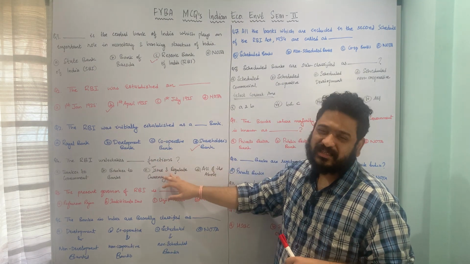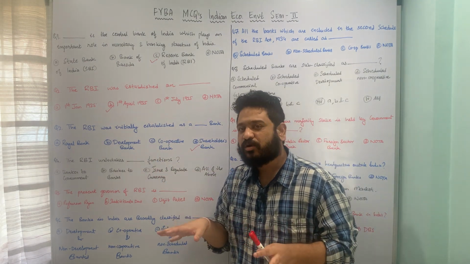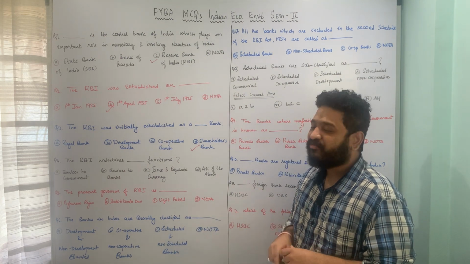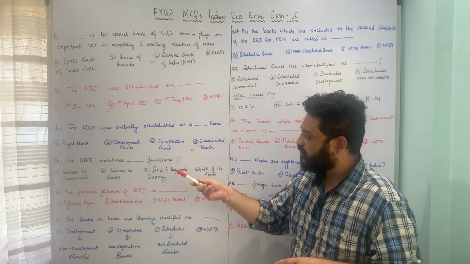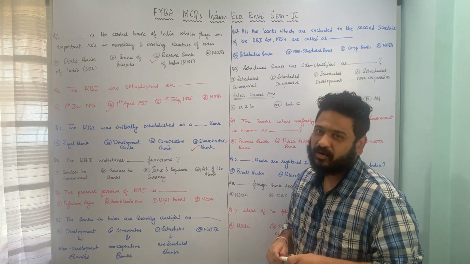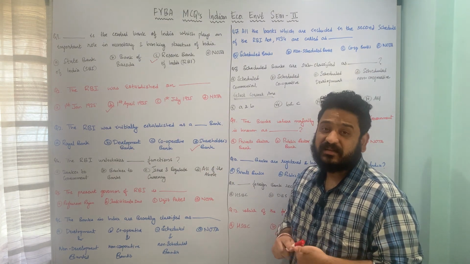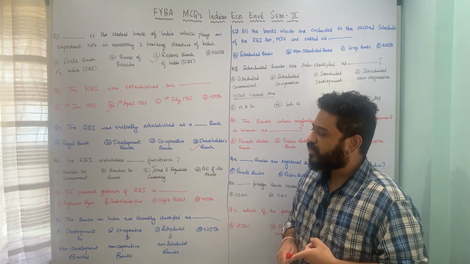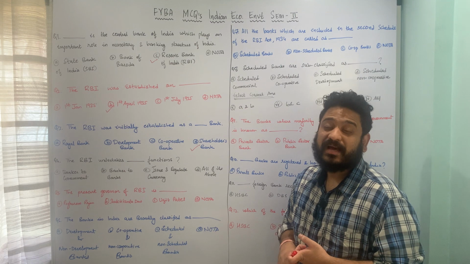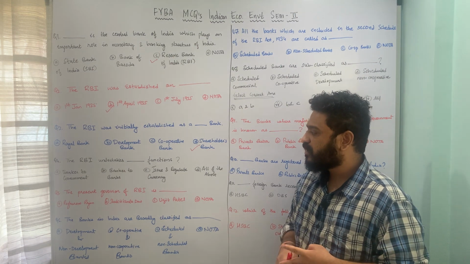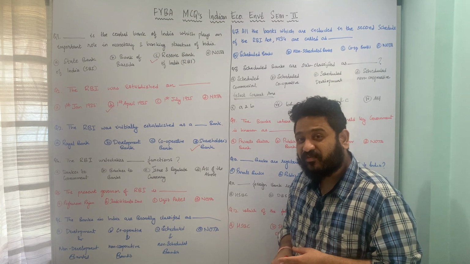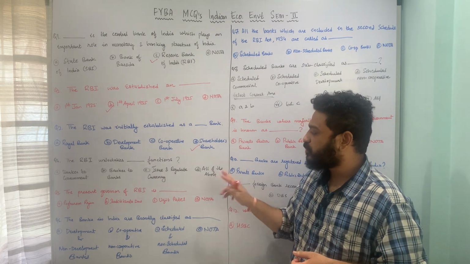Let us now move to the next one, which talks about the functions of Reserve Bank of India, and the question is, the RBI undertakes dash functions. Which of the following things are undertaken by the Reserve Bank of India? A, the Reserve Bank of India acts as a banker to the government, B, Reserve Bank of India acts as a banker to the banks, C, the Reserve Bank of India issues and regulates the circulation of currency in India, and option D, all of the above.